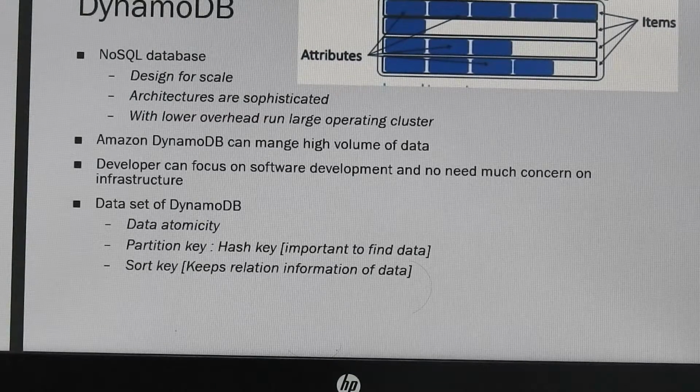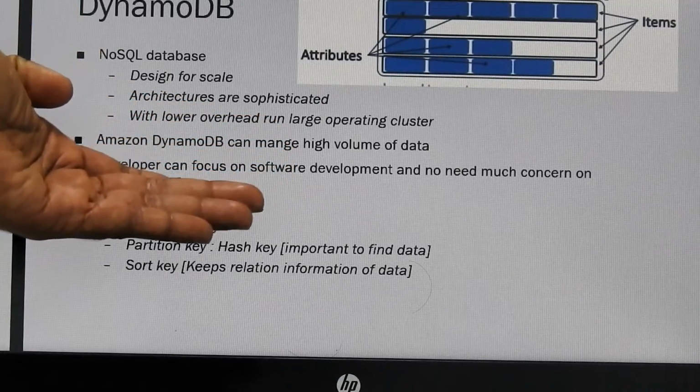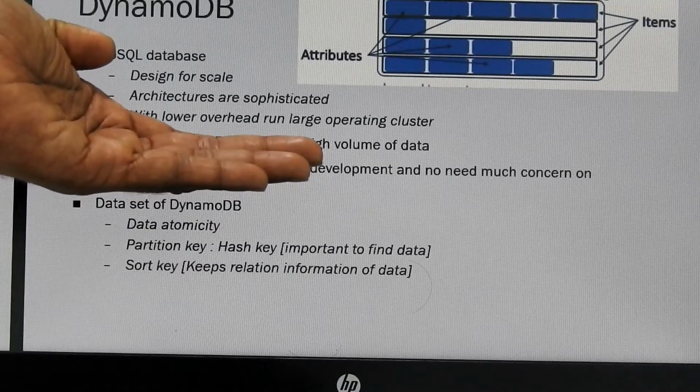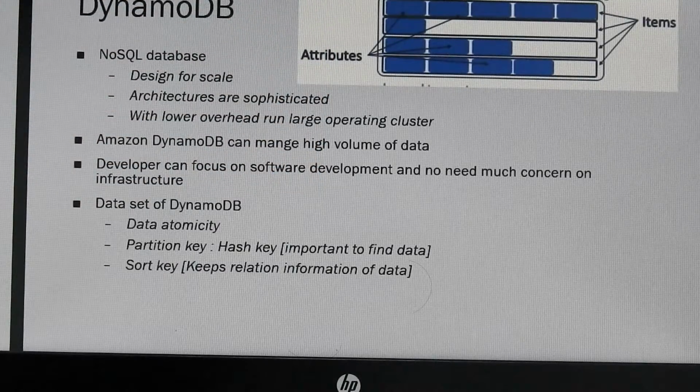When your database gradually becomes large, or when you are maintaining high volumes of data, then the cost will gradually increase as your data increases.